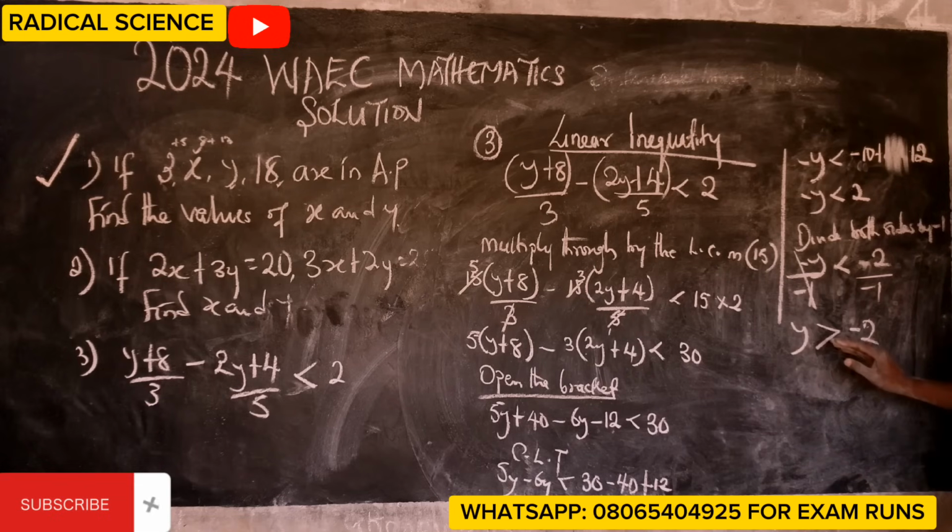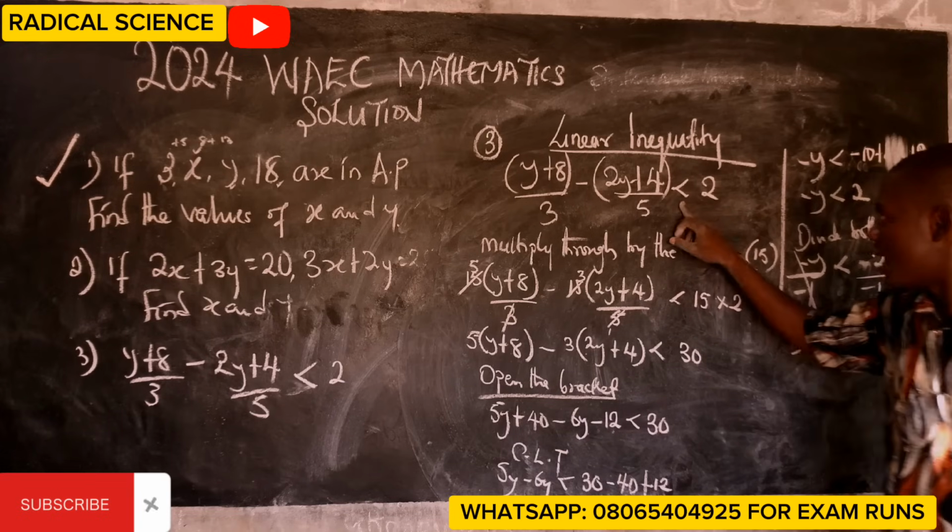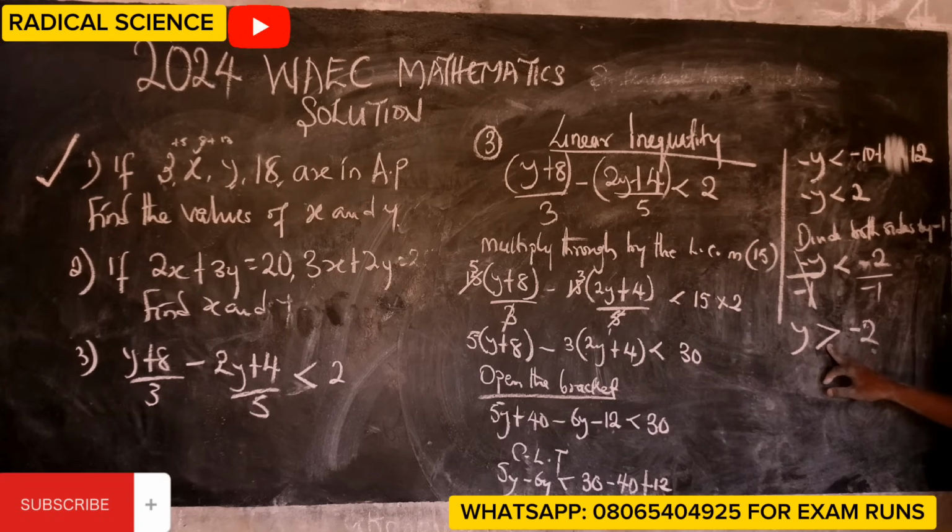The reason it has become greater than is because in the law of inequality, if you divide with negative coefficients, it will cause the sign of inequality to reverse. That is why we began from less than and we are ending with greater than.